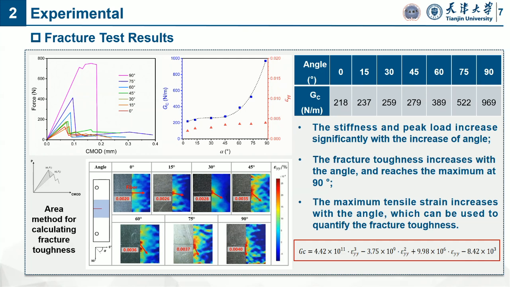The fracture toughness increases with the angle and reaches the maximum at 90 degrees. From the DIC results, we can see the strain is related to the angle. The maximum strain increases with angle, which can be used to quantify the fracture toughness. So we fitted this equation.